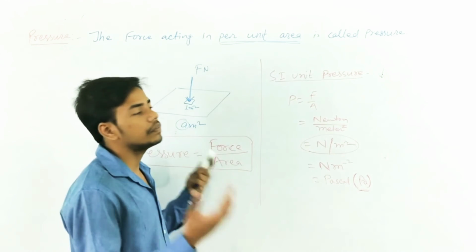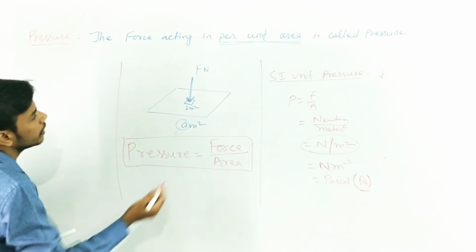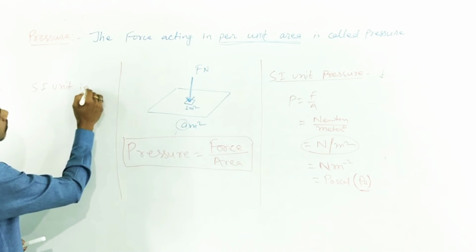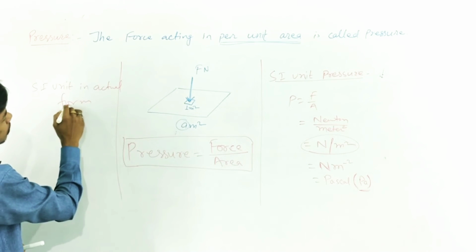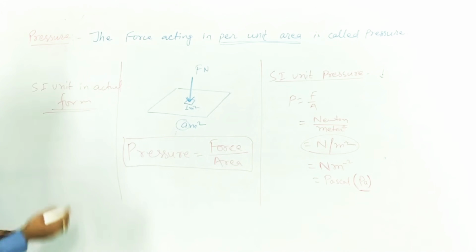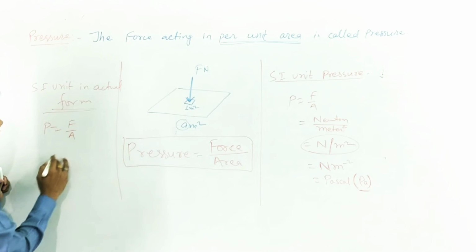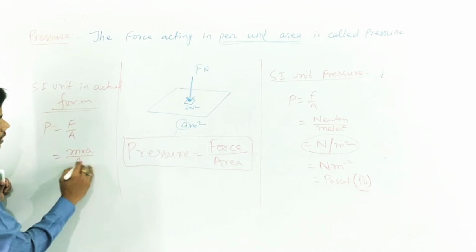Now we are going to move on to the next topic: if this unit is taken in the actual form, then what will it be? So I am going to take this SI unit in the actual form. In the actual form, pressure is equal to force upon area, and force is equal to mass into acceleration, divided by area.